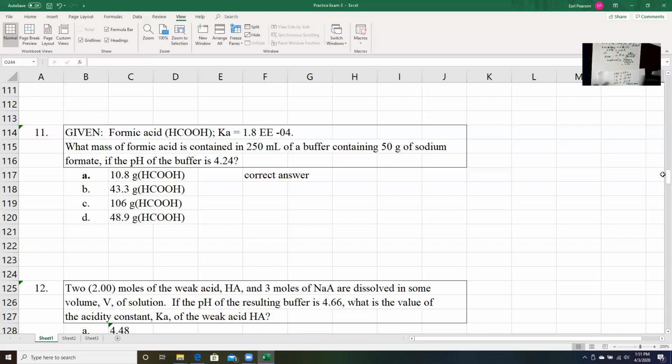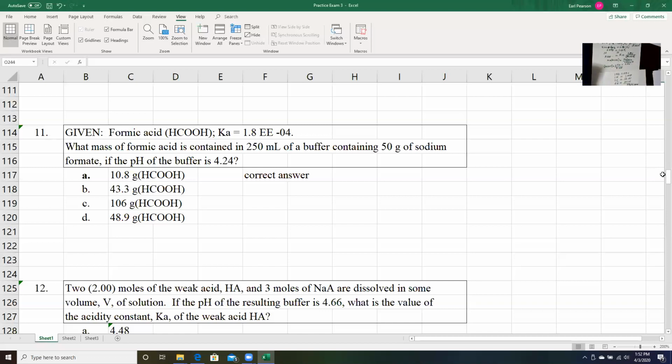Now I've got this. So my HCOOH concentration, cross multiply, is going to be this number divided by this one. So that's going to be 2.94 divided by 3.128.